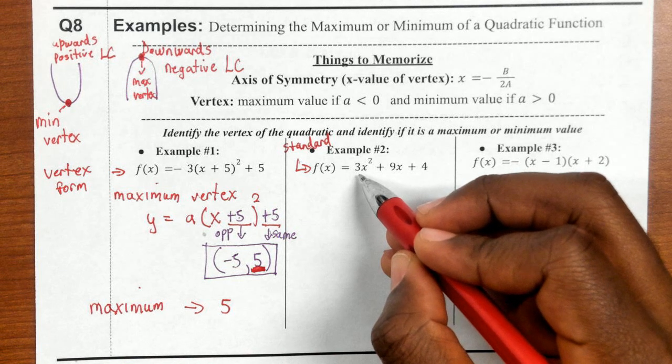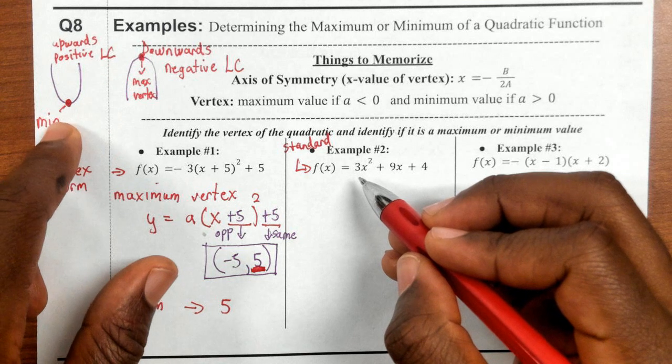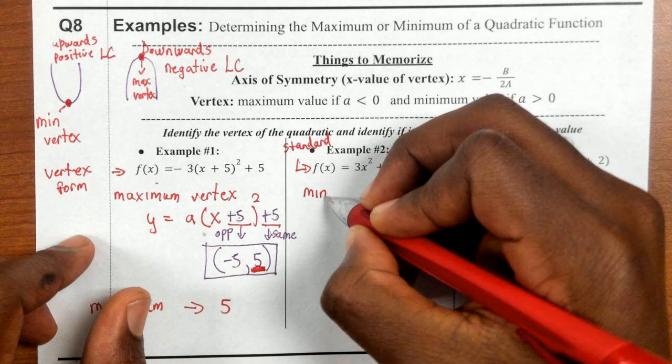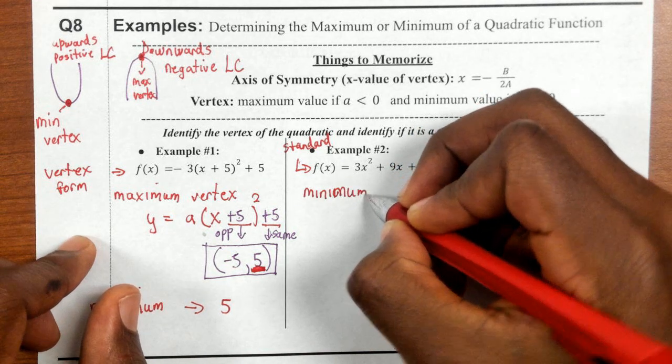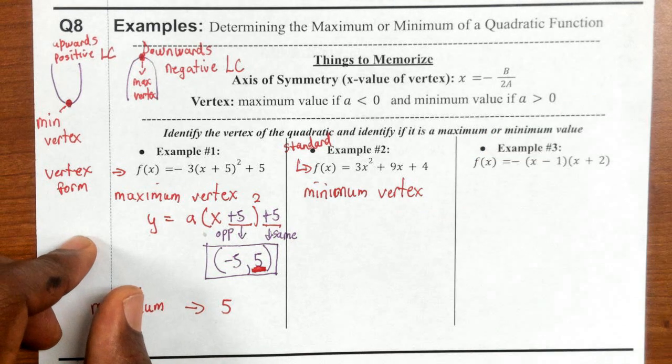Because the leading coefficient, or the LC, is positive, what type of vertex would that be? Yup, a minimum vertex. So this one will have a minimum vertex. Let's calculate what that minimum vertex is.